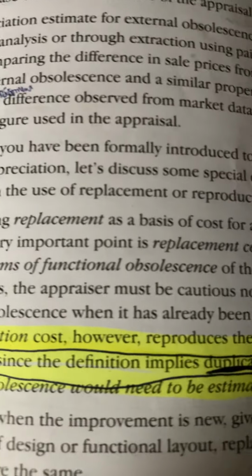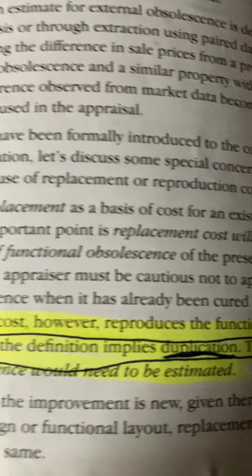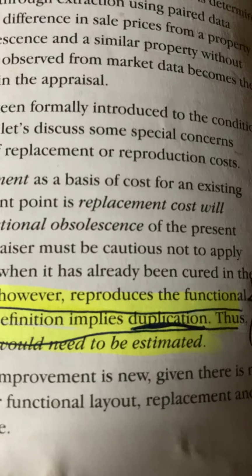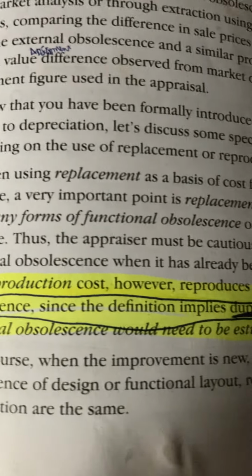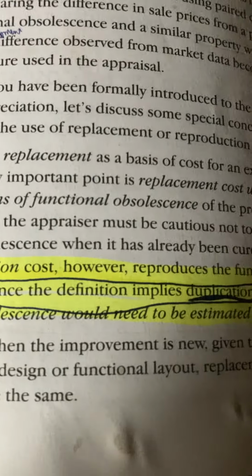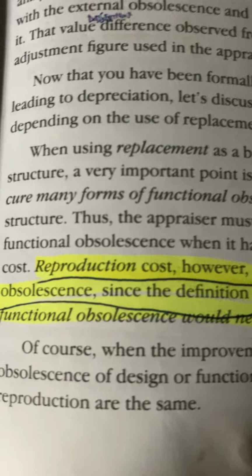When using replacement as a basis of cost for an existing structure, a very important point is replacement cost will cure many forms of functional obsolescence of the present structure. Thus, the appraiser must be cautious not to apply functional obsolescence when it has already been cured in the cost.